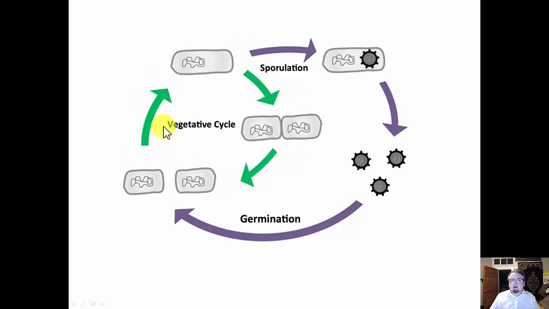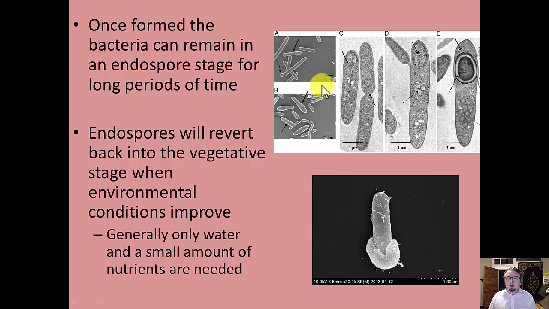And if the environment once again becomes harsh, they can jump back into the endospore cycle. So it's really just a survival mechanism. It's like plants producing seeds. The seed is able to survive the winter. It's able to survive the cold and any sort of condition until it finds itself in a favorable environment.